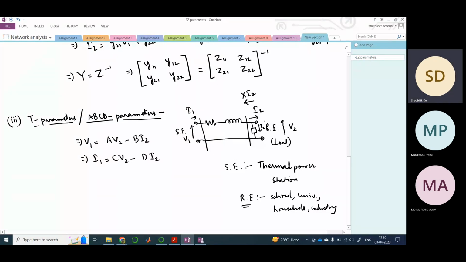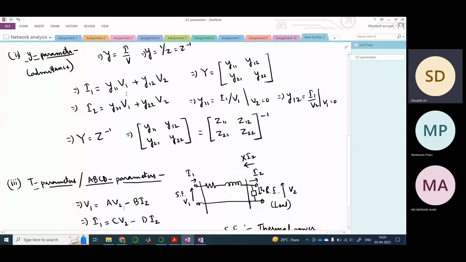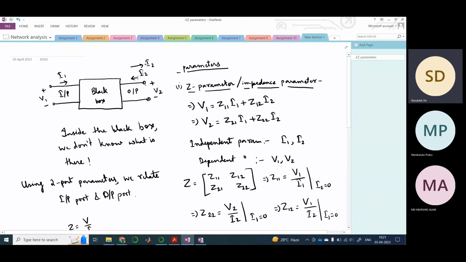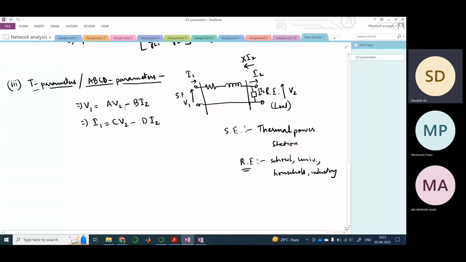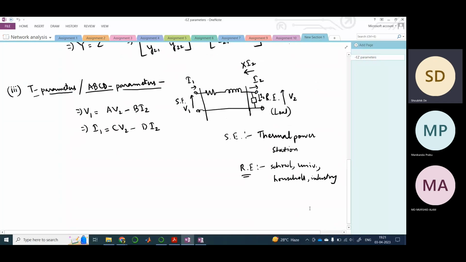That is why this minus sign is here, because in the other cases the current I2 was flowing into the black box or network, but here it is opposite, because in a transmission line the load always consumes the power. Any load that you connect will consume the power. So that is why this minus sign comes. I hope this is clear.